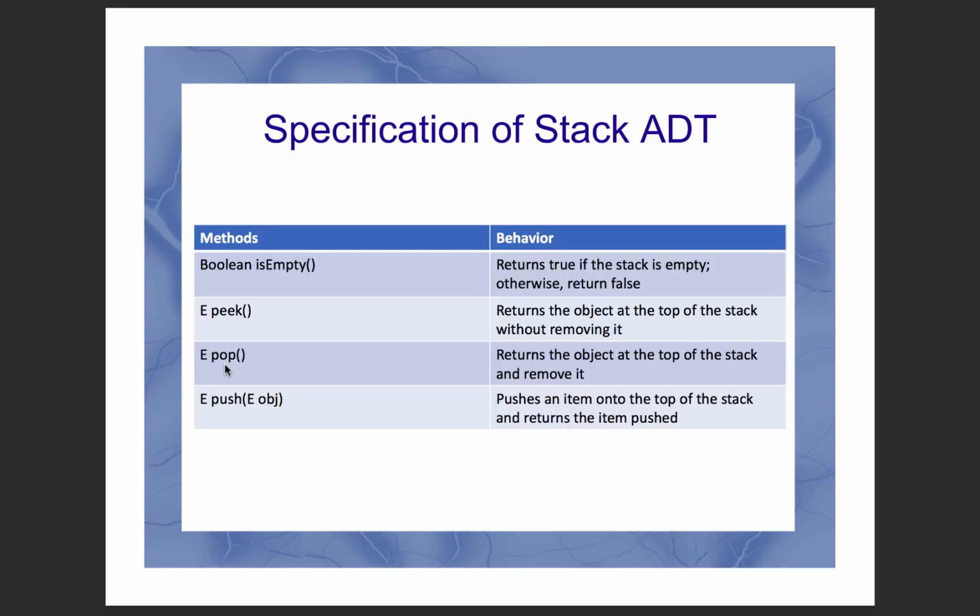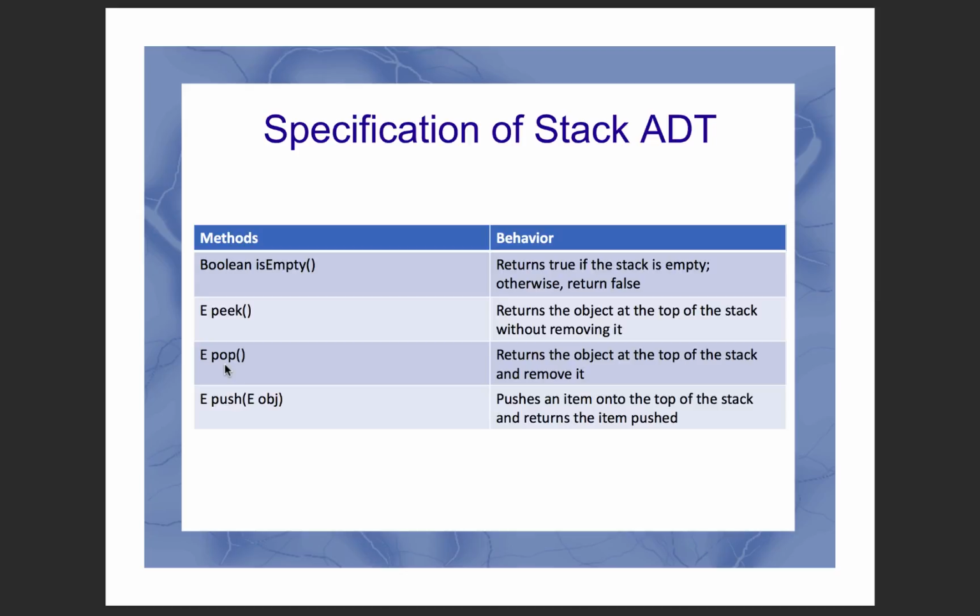Or if you keep string or char, then it will return string or char information. So E is based on the data that you keep in the stack. The peek method basically returns the top element of the stack.